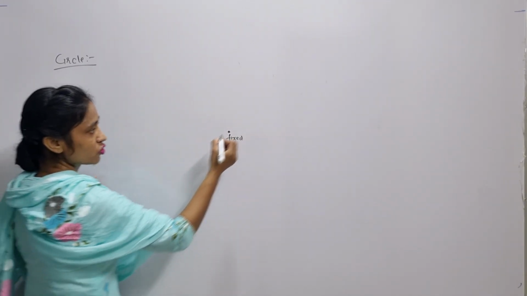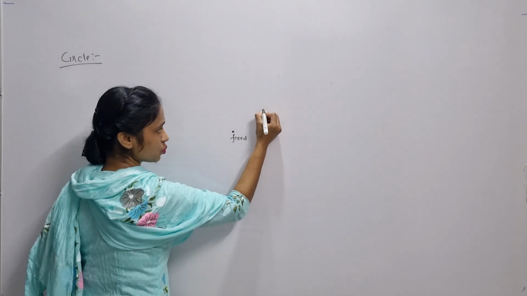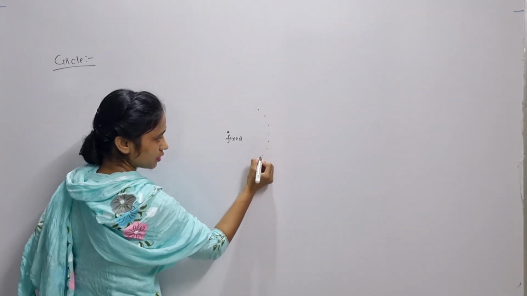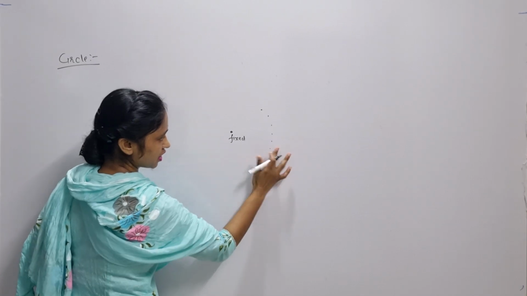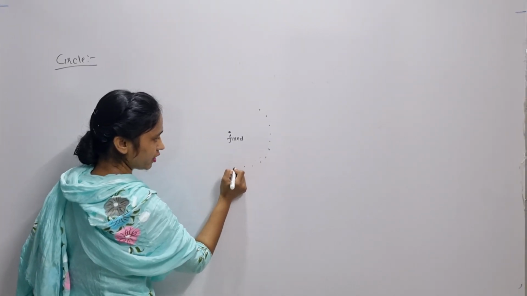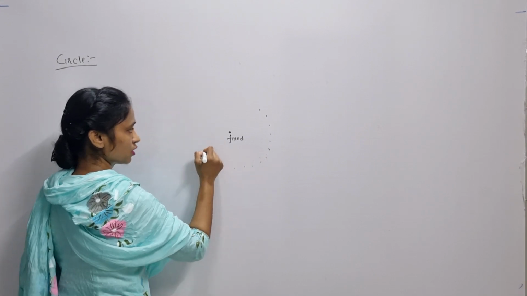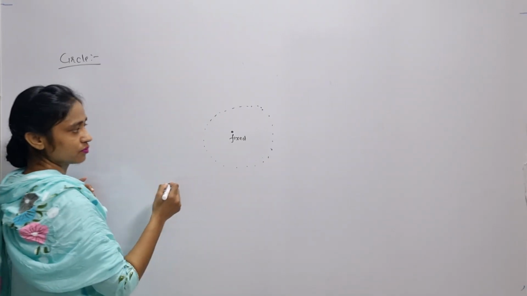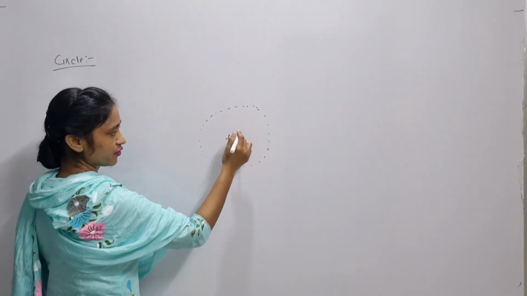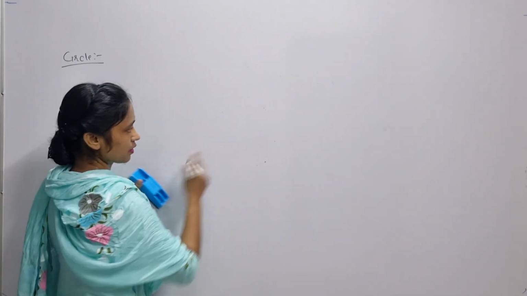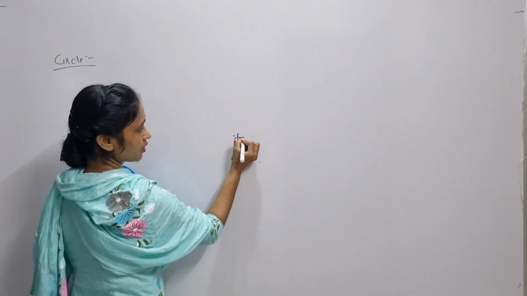Okay, so suppose this point is moving in such a way that the distance of all these points from this fixed point is the same.